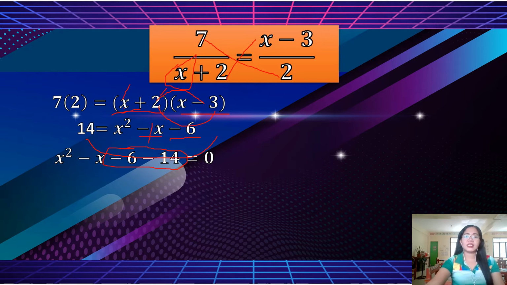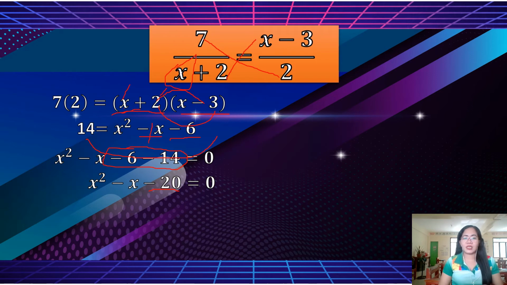According to the law of addition and subtraction of integers, if the two numbers have the same sign, then you add, and that is 20. Then copy their sign, which is negative. So that's negative 20. Now, we already have the equation in standard form.